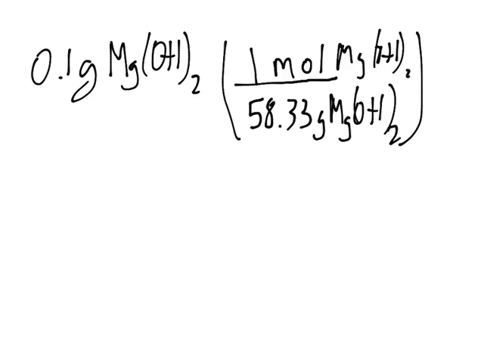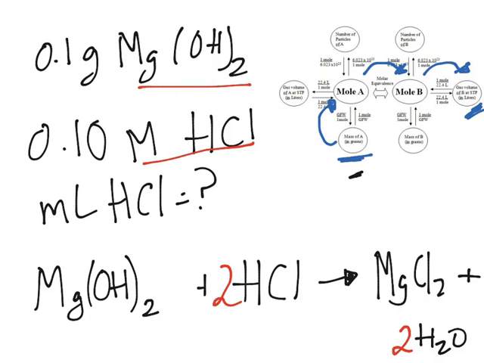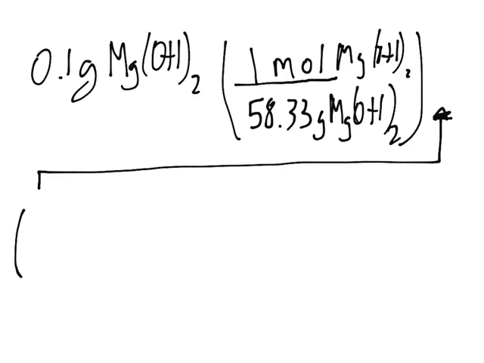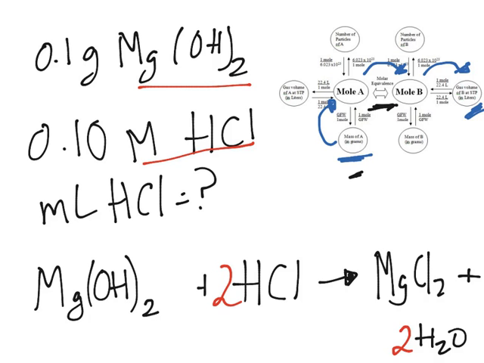So let's go back to our mole diagram. We have the moles of A, so now we want to go from moles of A to moles of B. We're doing this part, and I'm going to continue this in here. So we know from the equation, let's go back to the equation, that we have 1 mole of magnesium hydroxide and 2 moles of hydrogen chloride.